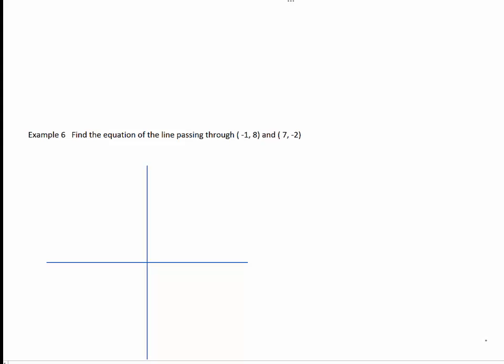And finally, perhaps the most complicated of all of these, minus 1, 8 is somewhere up here, and 7, negative 2 is somewhere down here. So the straight line that we want clearly has a negative slope and clearly has a positive intercept.